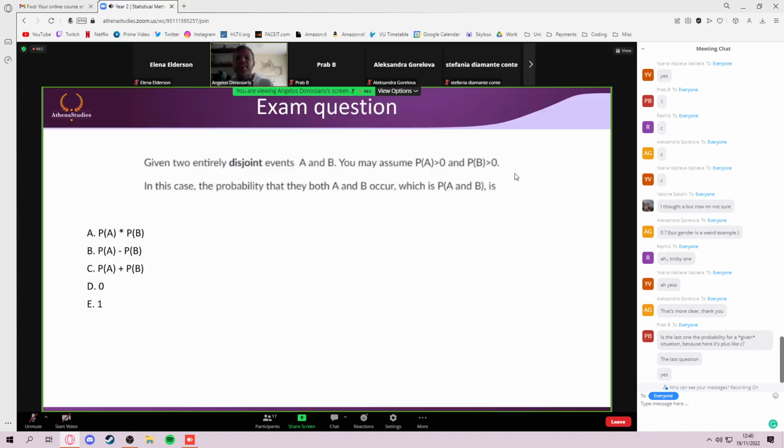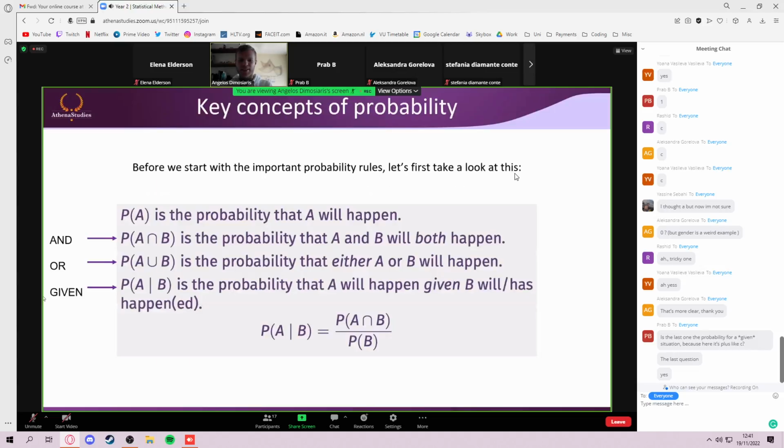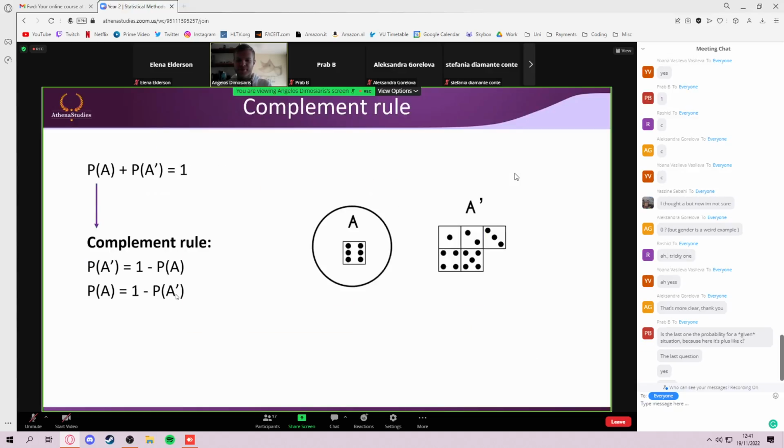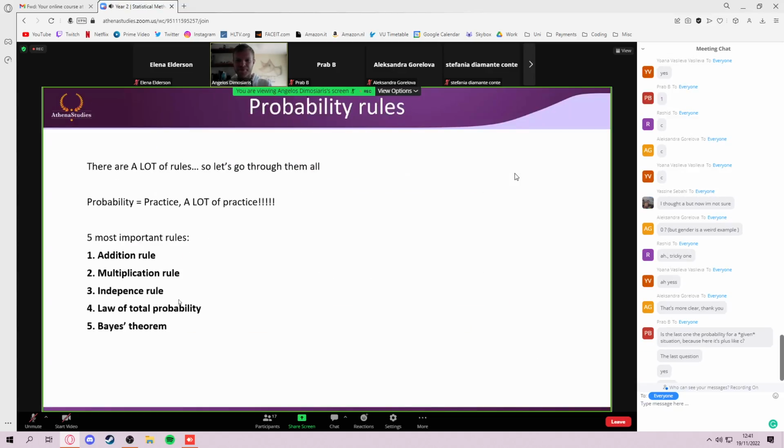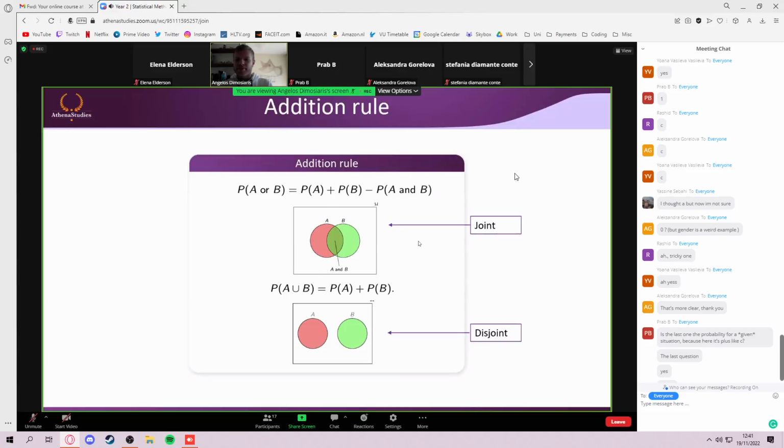No, it's like if I give you two events, assuming that two entirely disjoint events exist, A and B, because the probability here is clear, it's A and B. It has nothing to do with this given. No, nothing to do with that. Cool.